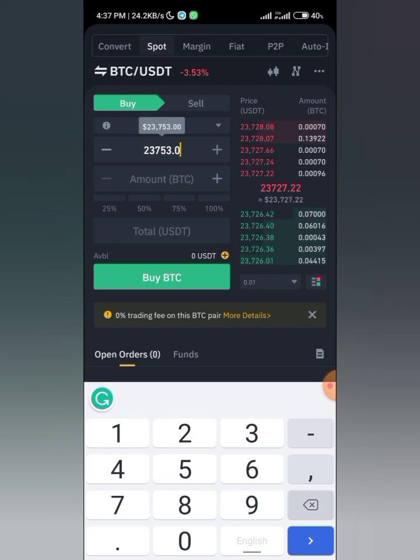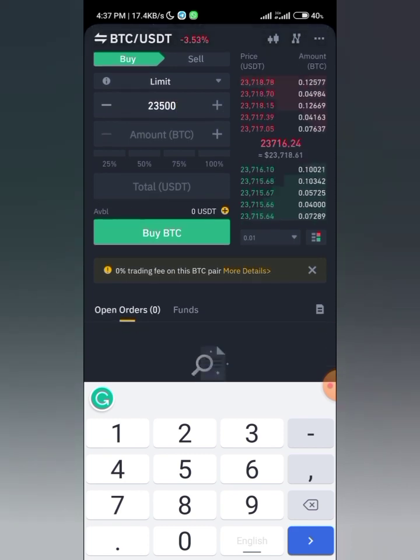I will tell Binance that I want to buy once BTC goes to 23,700. Let me not use 700 because it can execute immediately. Let's say 23,500. I want to buy once BTC gets to 23,500, and then I will come to this place and put the amount I want to buy, or I can put 100% depending on how much I have available, and then you click on buy.